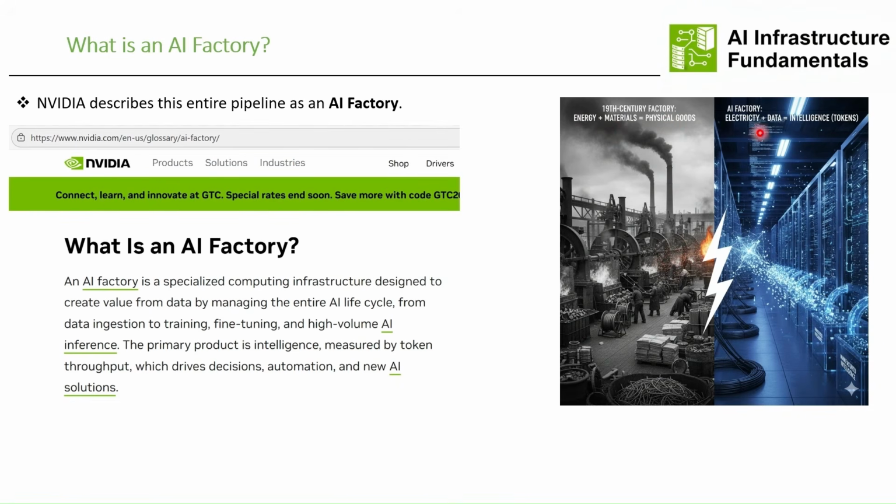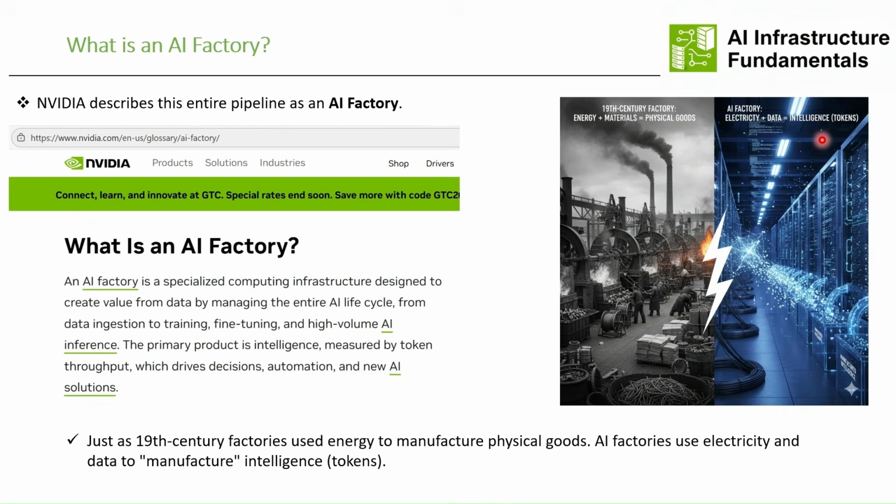But in terms of an AI factory, electricity and data are the input, and the output is intelligence that's measured in tokens. So just as 19th century factories used energy to manufacture physical goods, AI factories use electricity and data to manufacture intelligence that's measured in tokens. Hope you've got clarity now as to what exactly is an AI factory.